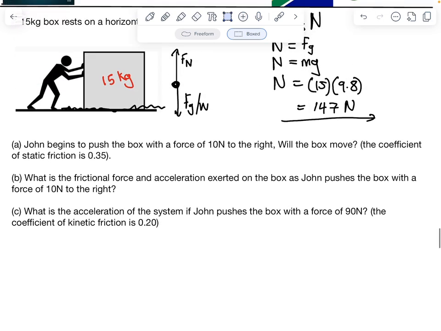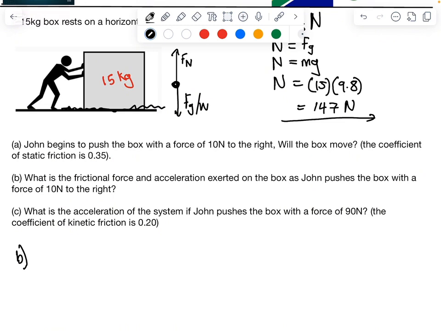So for B, they're asking, what is the frictional force and acceleration exerted on the box as John pushes the box with a force of 10 newtons to the right? Now to answer this question, remember we said the box is not going to move because the maximum static friction is greater than the applied force, right?